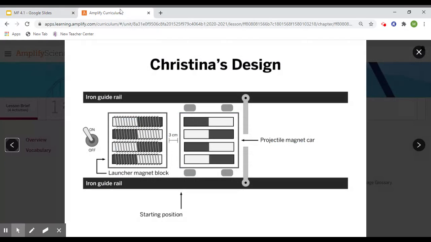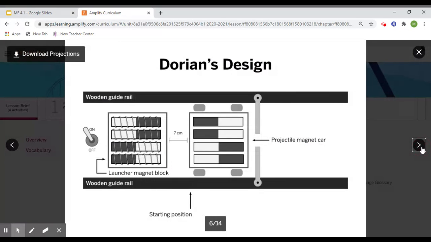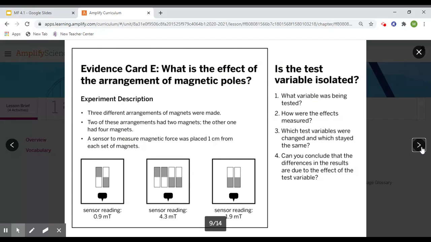Next thing you're going to do is take a look at some evidence cards, and all the evidence cards are experiments. So when we look at experiments, we want to see if these experiments are valid, and how we can do that is seeing if the test variable is isolated. What do I mean by that?